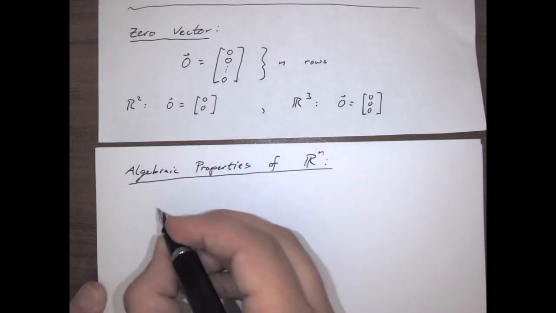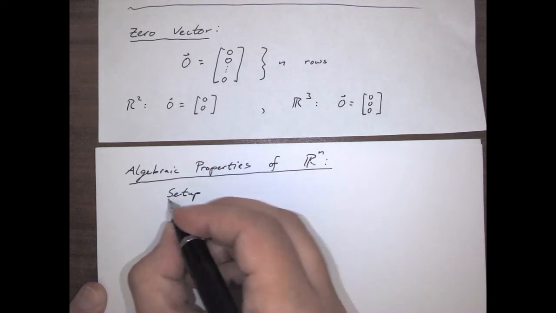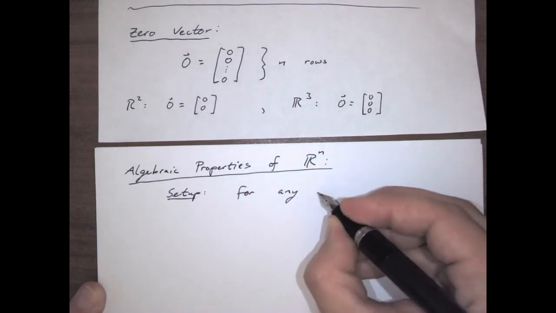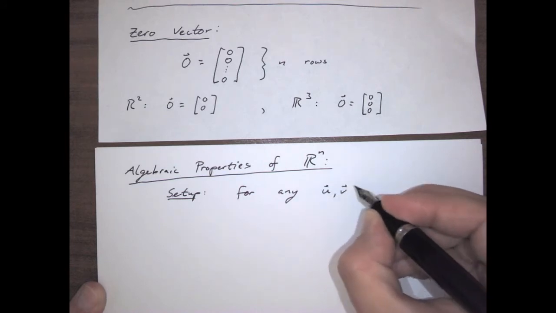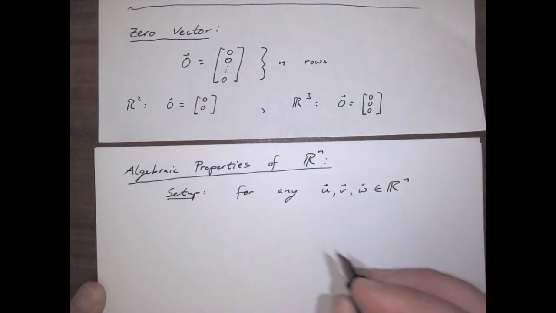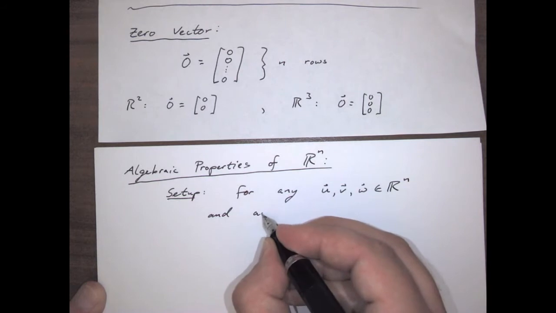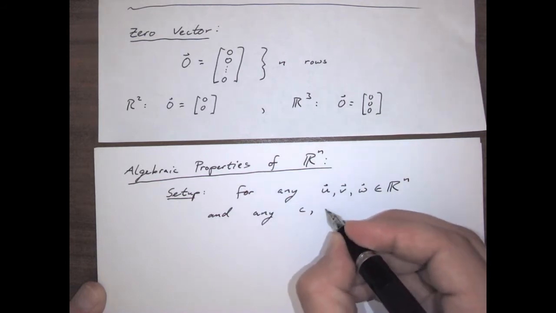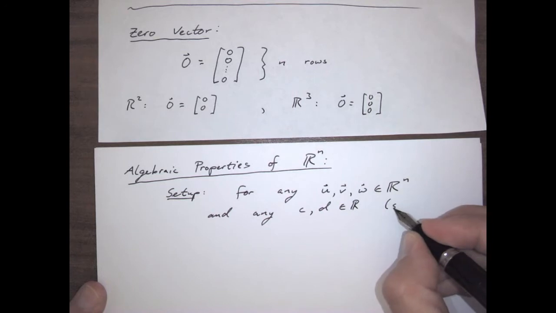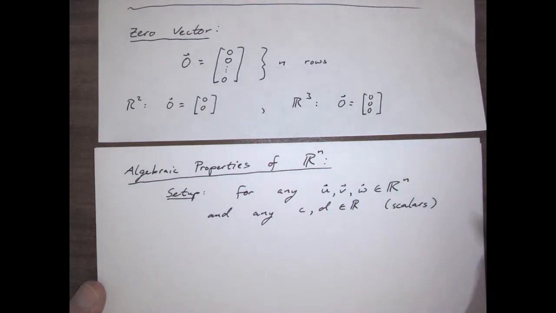So the setup here, for any u, v, and w belonging to Rn, and any c and d which are scalars, so we can just say real numbers, then the following are all true.